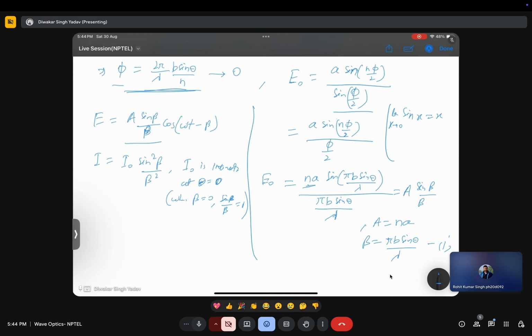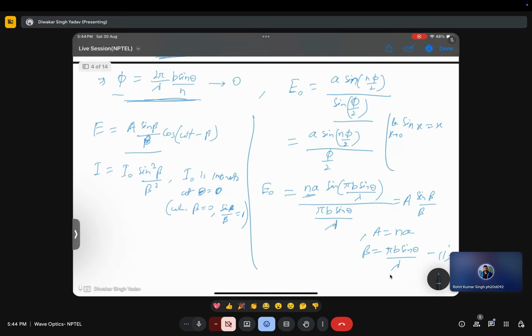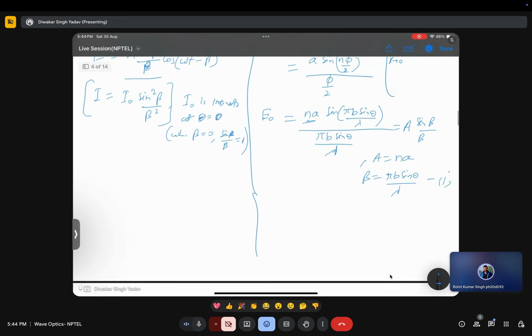Okay, so after all this arithmetic, we have arrived at the intensity of the diffraction pattern. Now, something interesting you can see from here.